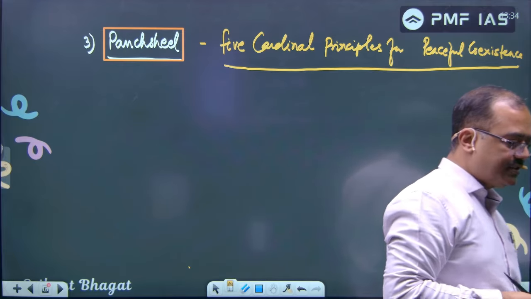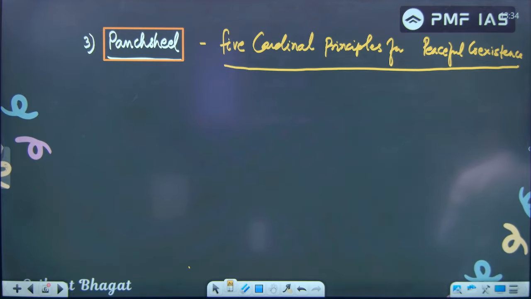This agreement was signed by Nehru. The Panchsheel agreement was signed by Nehru with the Tibet region of China.